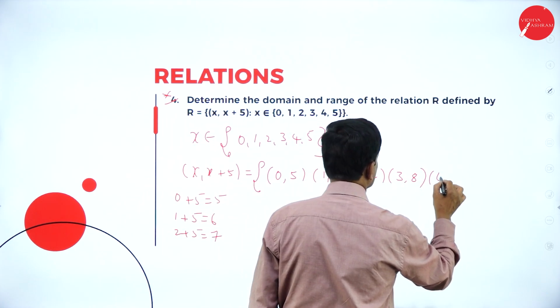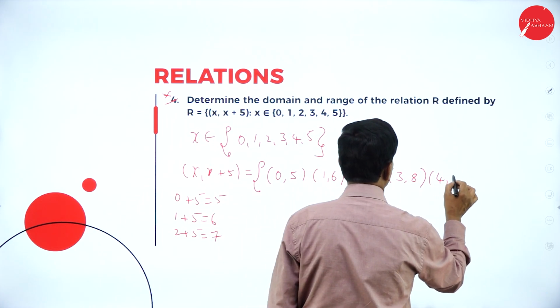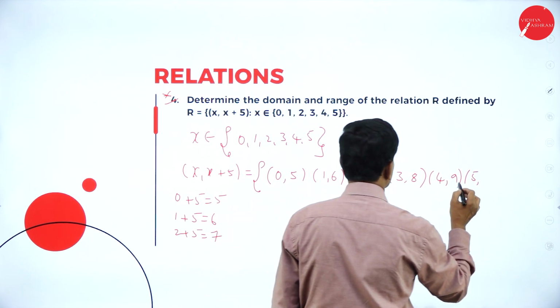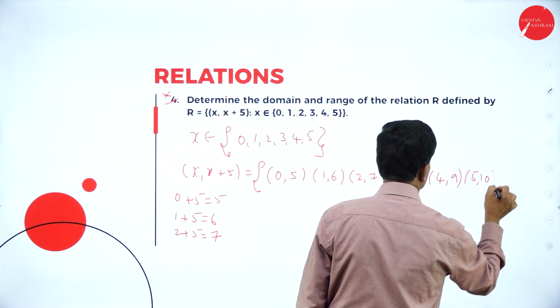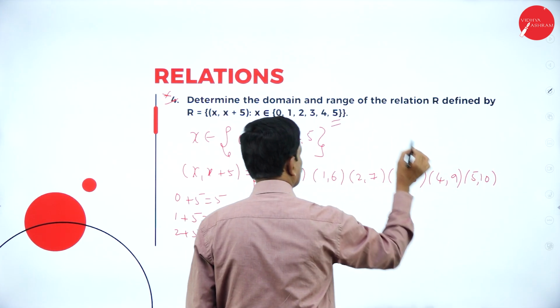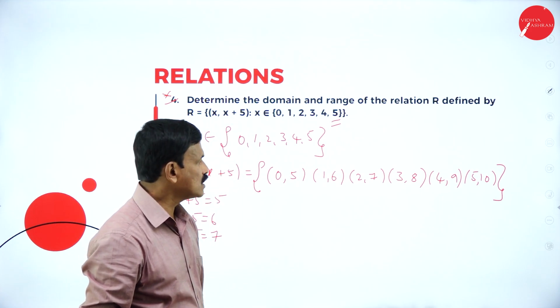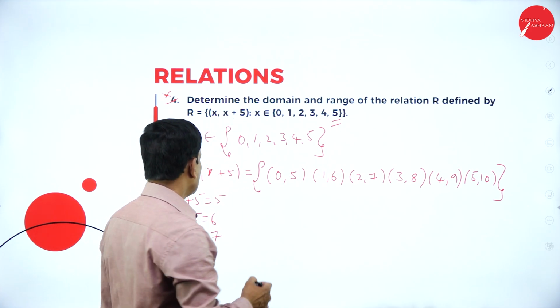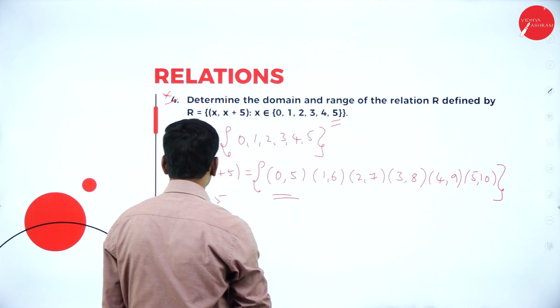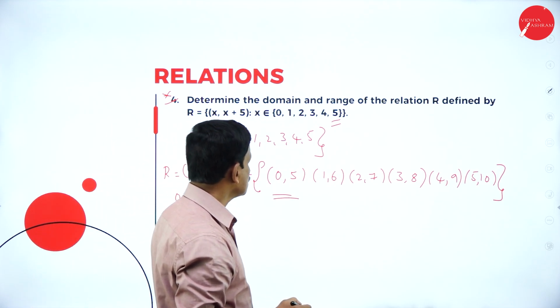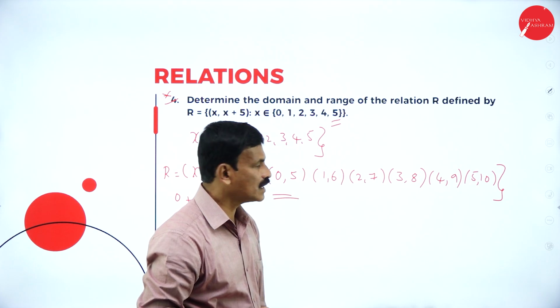When x is equal to 4, 4 plus 5 is 9. When x is equal to 5, 5 plus 5 is 10. That's it. So the last element is 5, and when x is equal to 5, the second element is 10. Therefore, the relation R is equal to {(0, 5), (1, 6), (2, 7), (3, 8), (4, 9) and (5, 10)}.